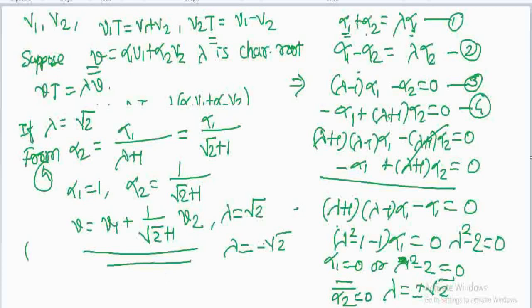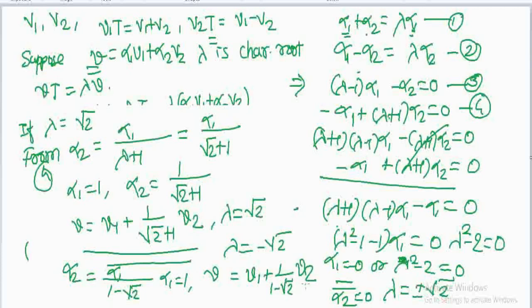When lambda equal to minus under root of 2, we get alpha 2 equal to alpha 1 divided by 1 minus under root of 2. And for alpha 1 equal to 1, the corresponding vector v equal to v1 plus 1 divided by 1 minus under root of 2 into v2.